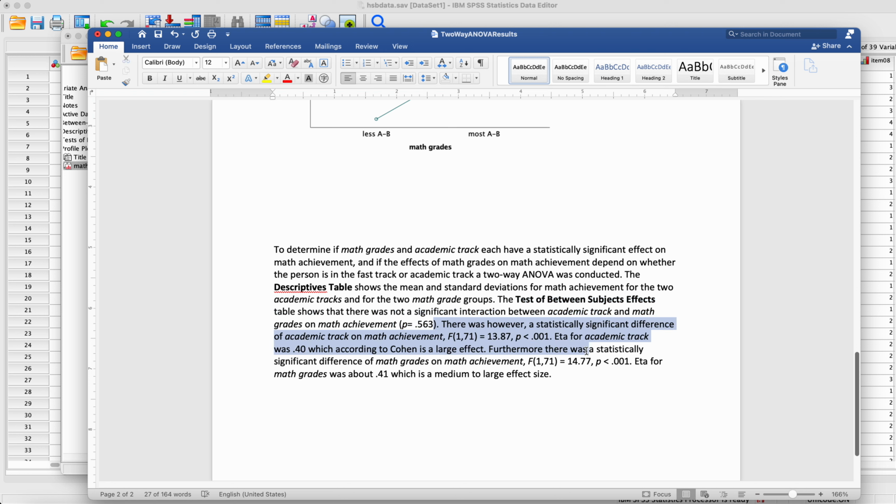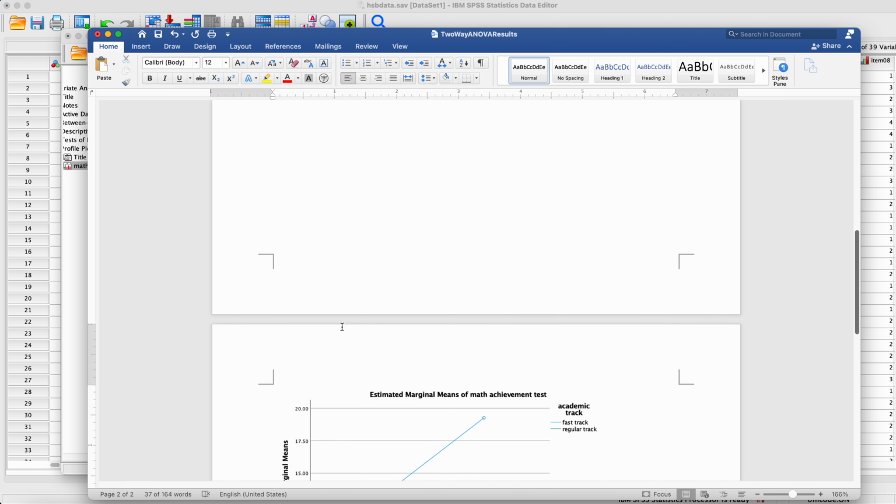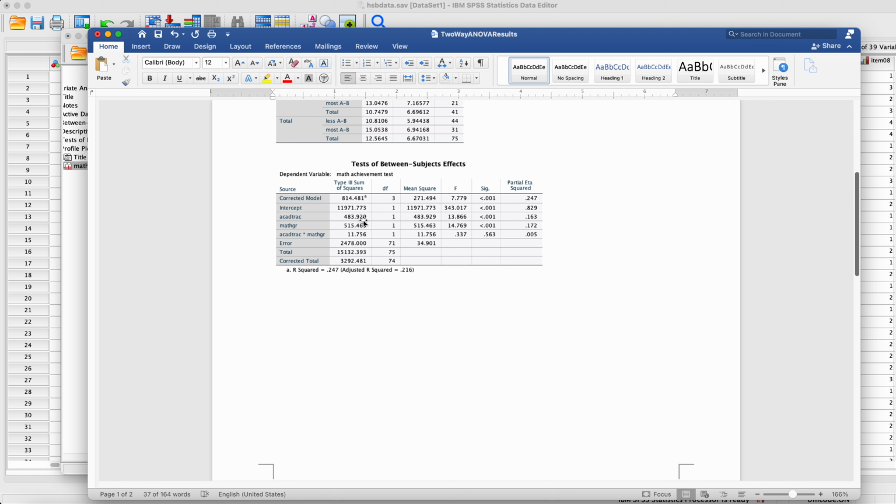Then we're going to move into the individual pieces. So if I look at academic track and I go back to my table, academic track has a significant difference because I'm rejecting the null hypothesis that there's no difference. And so I'm going to need to use some of the information in this table.